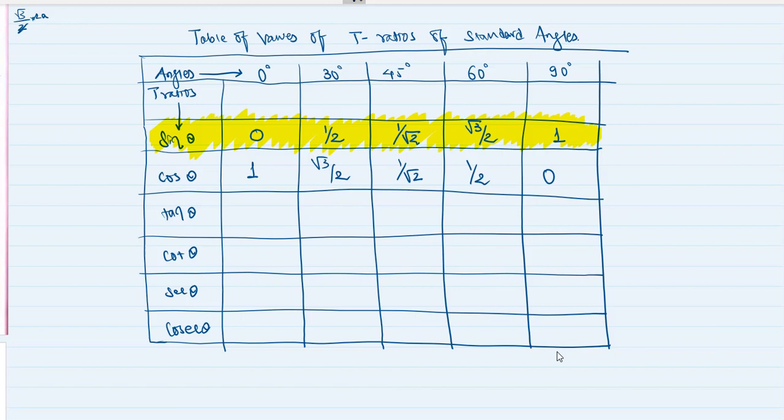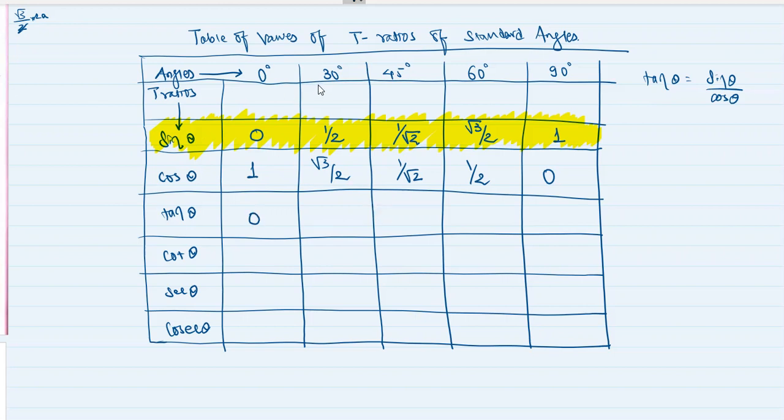Now comes tan. So what is tan? Basically, tan theta is sin theta upon cos theta. Right? Tan theta is sin theta upon cos theta. So to find tan 0, sin 0 upon cos 0, 0 upon 1, which is 0.